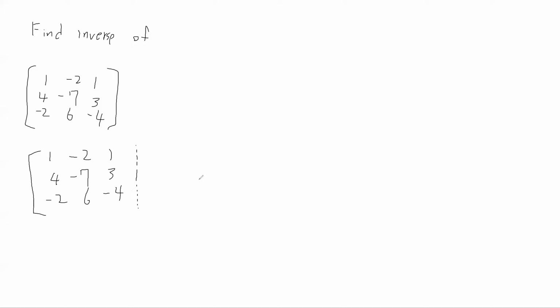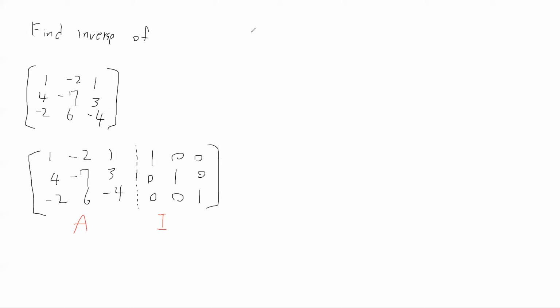And on the right-hand side, I'm going to put in the same dimension, which is a 3 by 3 identity matrix, which is 1, 0, 0, 0, 1, 0, 0, 0, 1, like that. So on the left-hand side, we have the matrix, let's call that A, and on the right-hand side, we have the identity matrix.